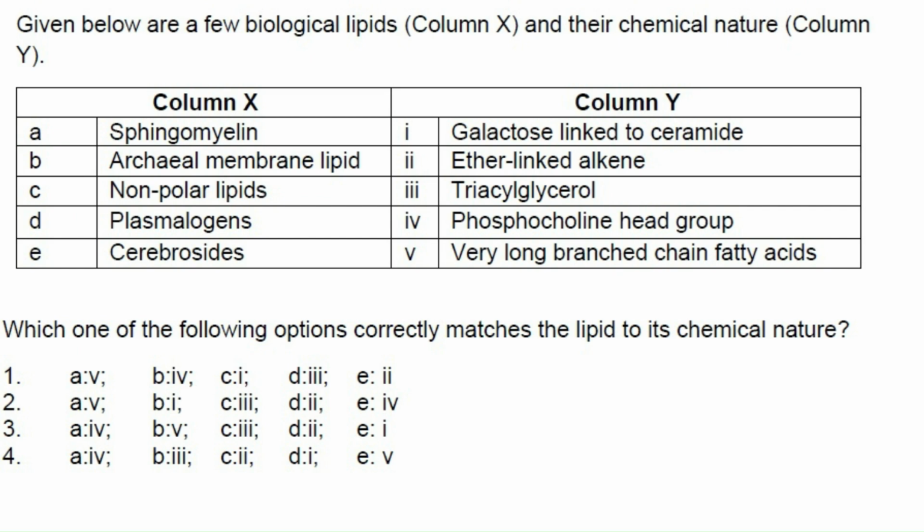Now let's look at one question. Given below are a few biological lipids in column X and their chemical nature in column Y. Basically, we have to match them. In column X we have first sphingomyelin, then archaeal membrane lipid, then C is non-polar lipids, D is plasmalogens, and E is cerebrosides.